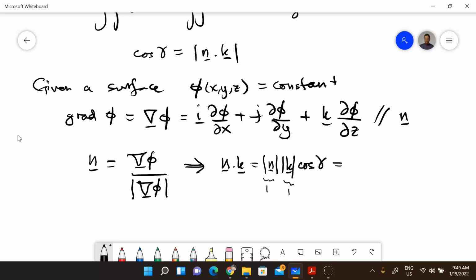So n dot k will now be given as del phi dot k divided by magnitude of del phi. But del phi dot k is essentially d phi dz.